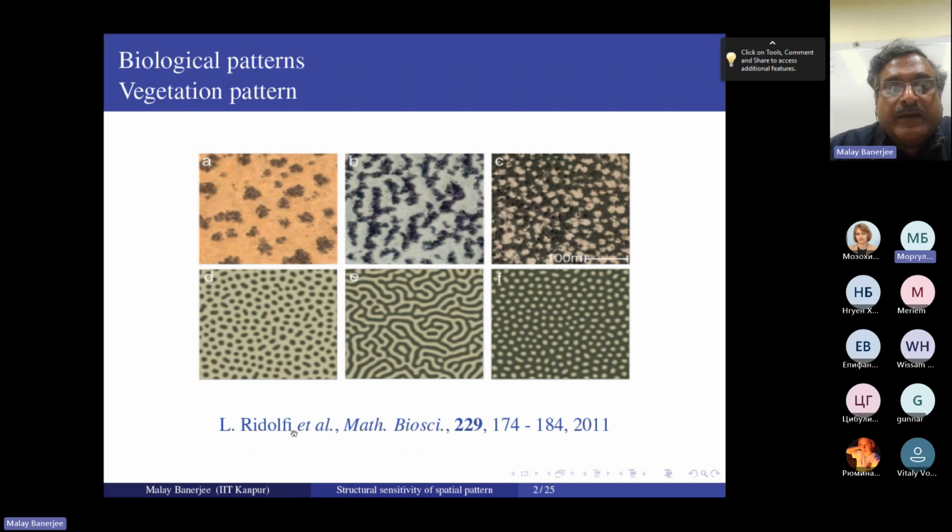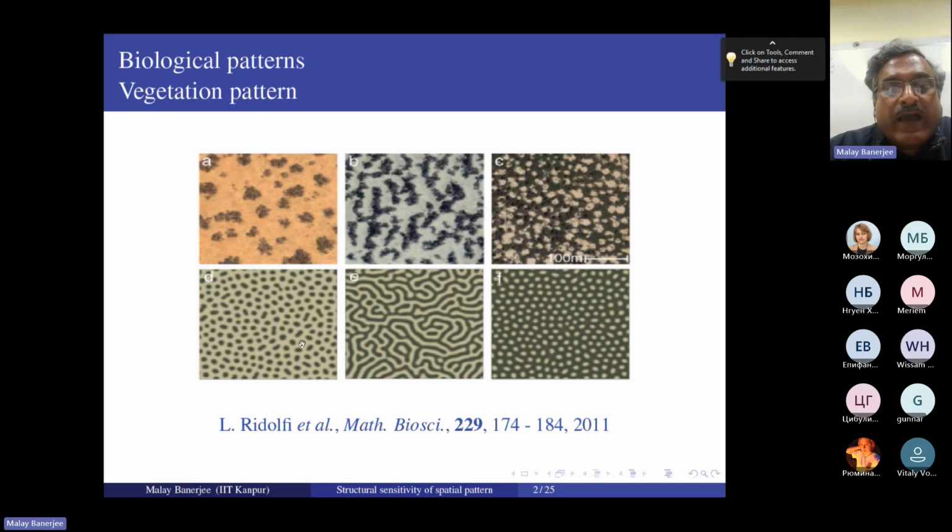In this paper by Luca Ridolfi and his group, published in 2011 in Mathematical Biosciences, they obtained a model, and its simulation produces results in good agreement with the patterns that we observe in the natural environment. There is a little drawback, as per my understanding, in their formulation.